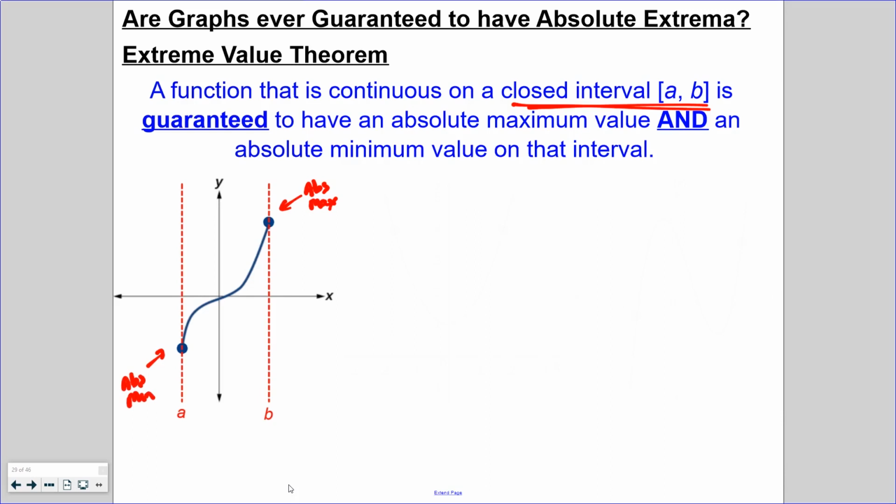So by restricting the domain of the function and forcing it to be on a closed interval, we go from a graph which has neither an absolute max nor an absolute min to a graph having both.